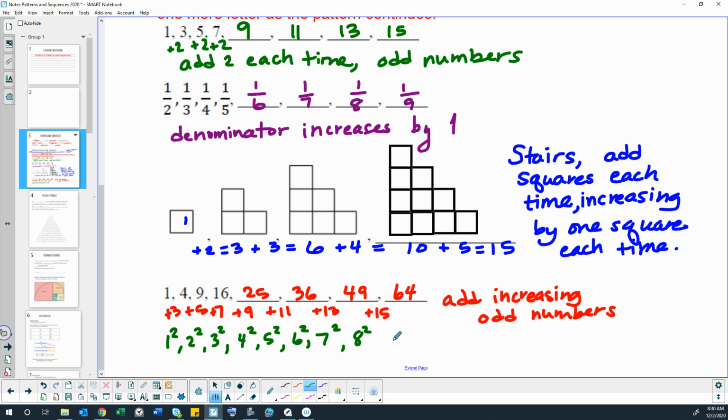We call these numbers perfect squares. Or you could explain it by saying to square the counting numbers.